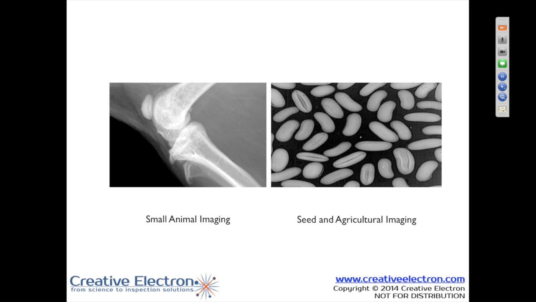Seeds and agricultural imaging is a huge business. If you have 1 million seedlings and you want to plant those, how many of them are going to be viable? You don't want to plant 1 million trees and only have 3 grow based on a damage that may have occurred in shipping or their root structure is flawed.